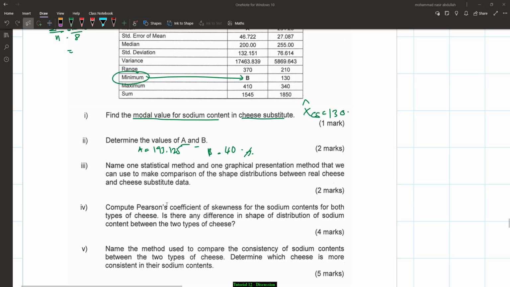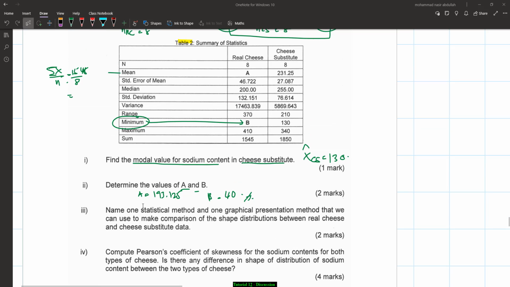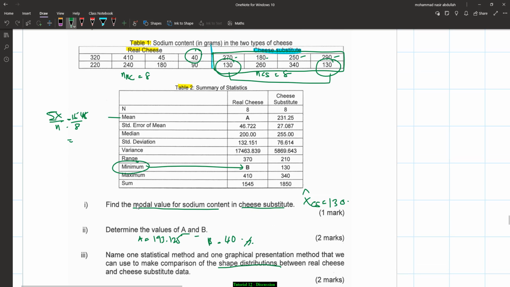Alright. So number 3, name one statistical method and one graphical presentation method that can be used to make a comparison of the shape of distribution between real cheese and cheese substitute. So the statistical method would be coefficient of variation. So this is one of the statistical methods that can be used to compare the shape of distribution.